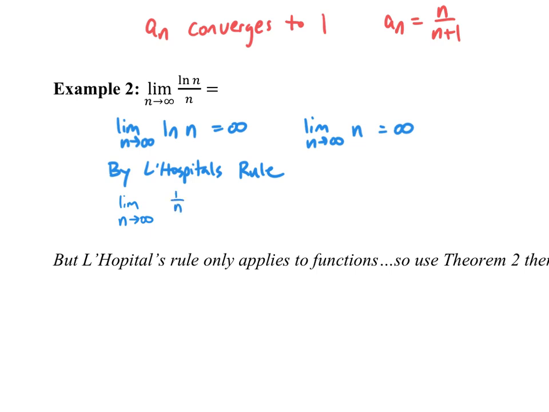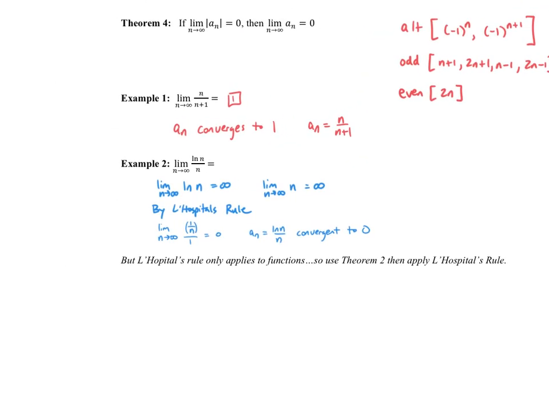So we have 1 over n divided by 1, and as n goes to infinity, we get 0. So a sub n, which is the natural log of n over n, is convergent to 0. Okay, let's go to the next page and try example 3.